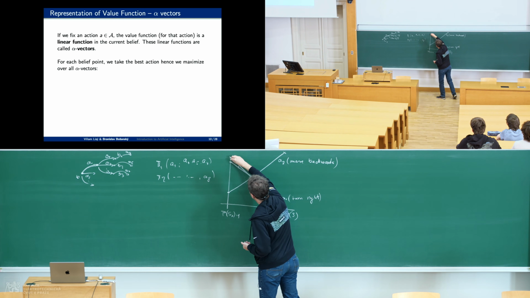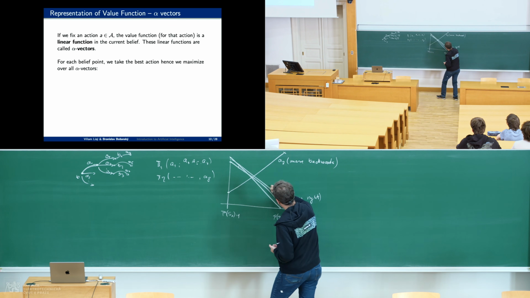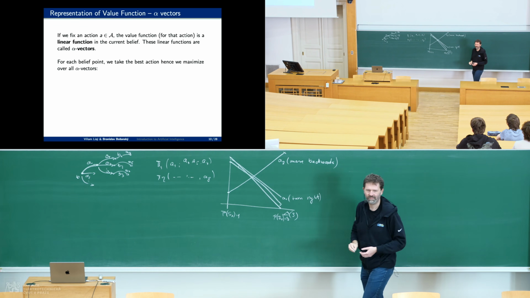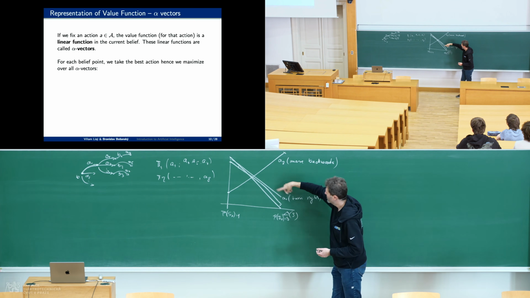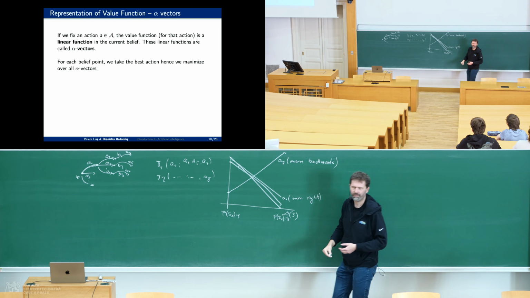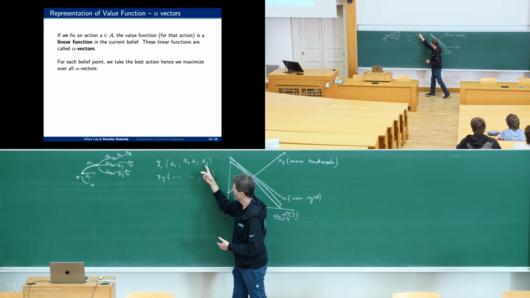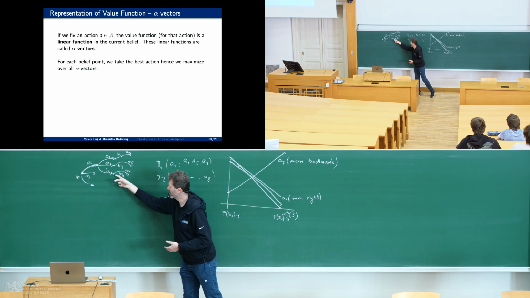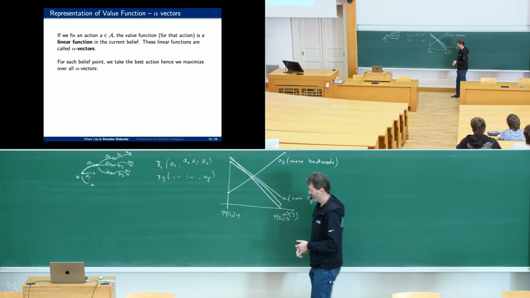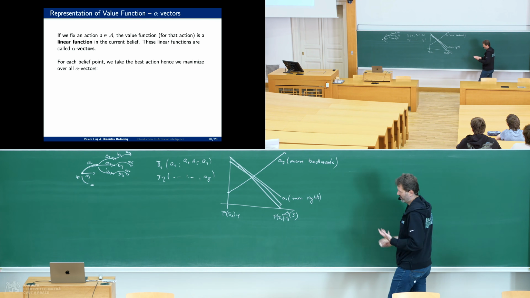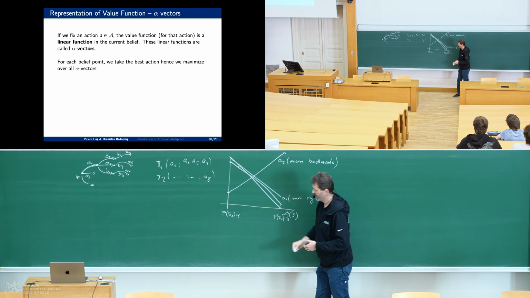Another one, with that A8, can be, for example, slightly better in these parts of the belief space and can be slightly worse here. It will change a little bit. Not too much, because it really depends on the probability with which I reach this belief point, but it can be different.